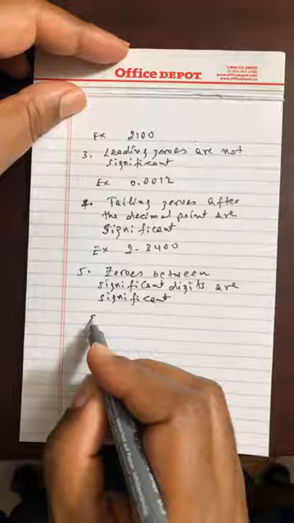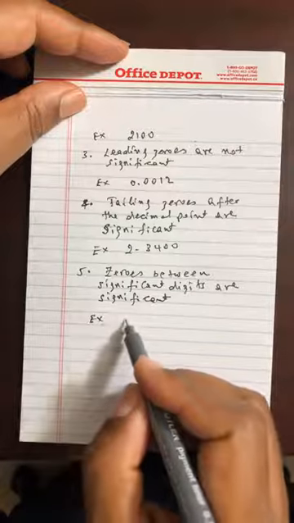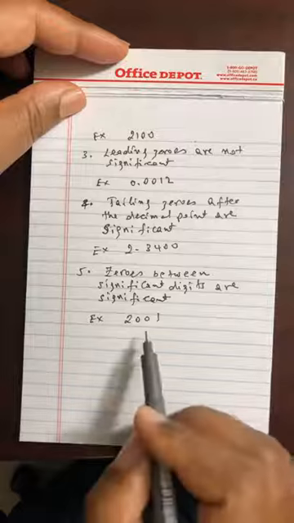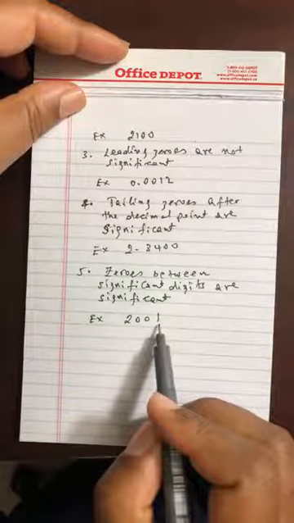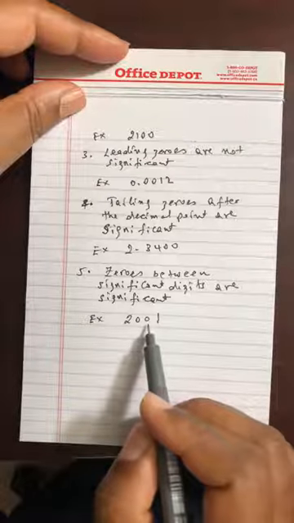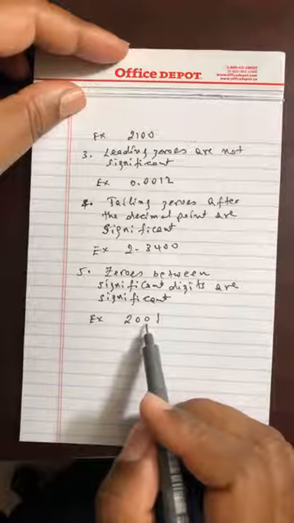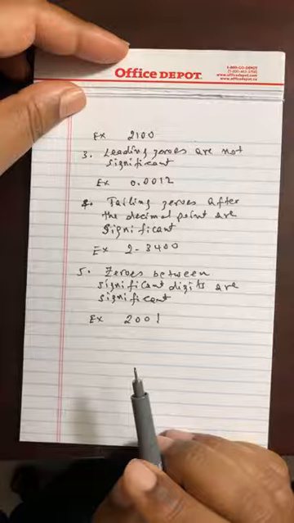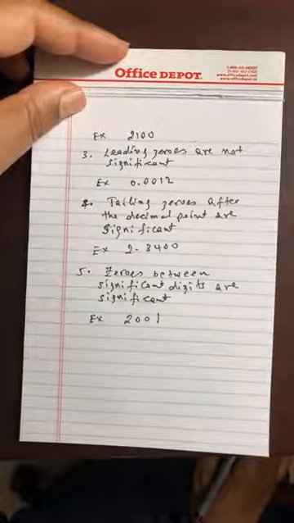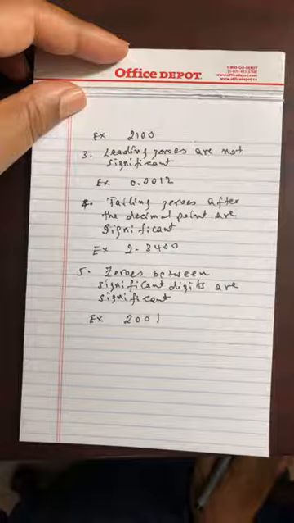For example, if you take the number 2001, this digit over here is less accurate than the one digit over here. So if this digit is significant, then obviously this digit is significant because it's less accurate than this one. All right. So these are the 5 rules that you can use to determine whether zeros are significant or not.